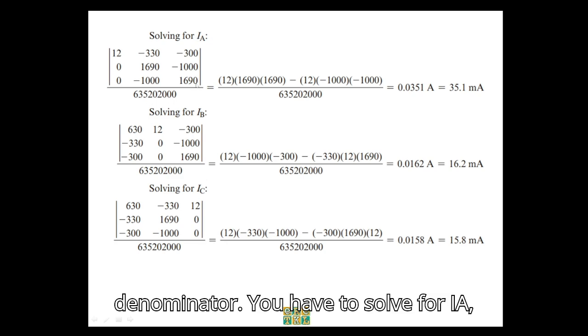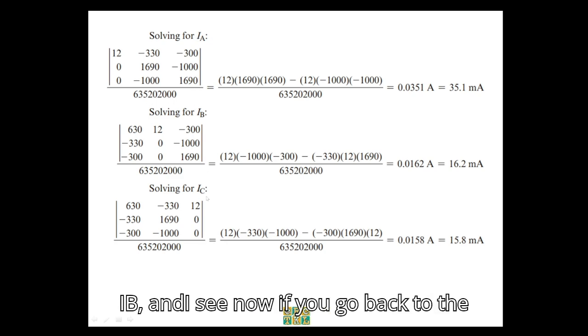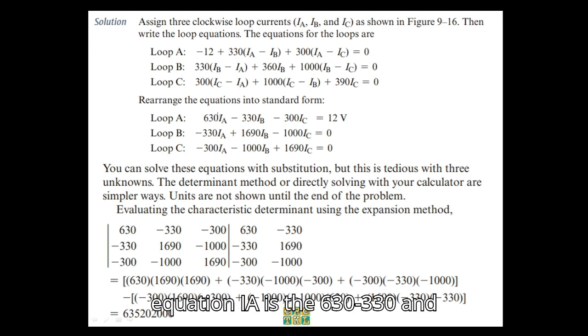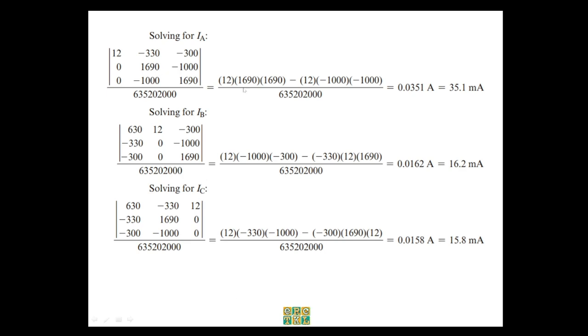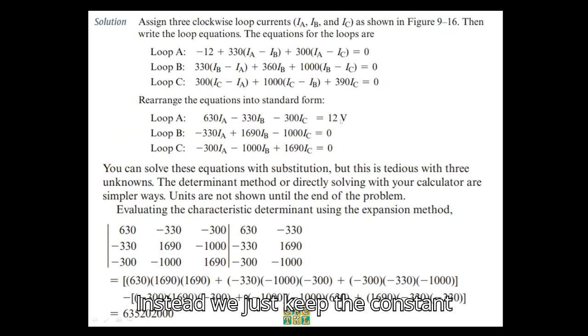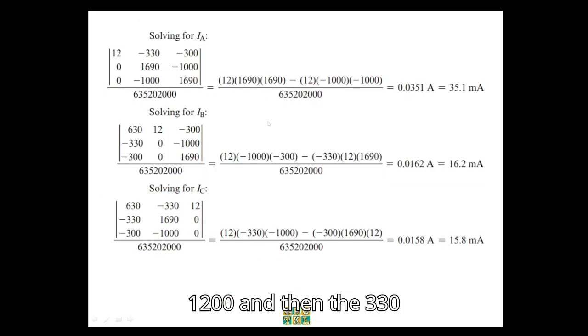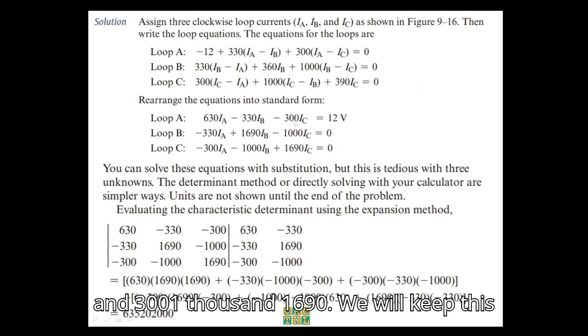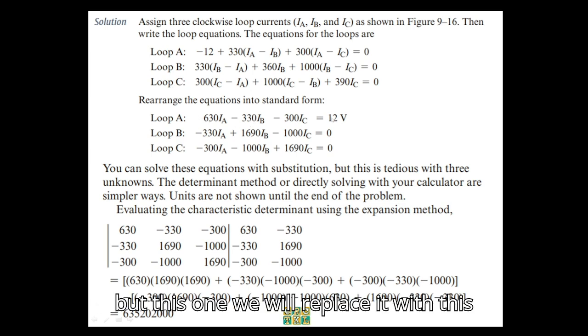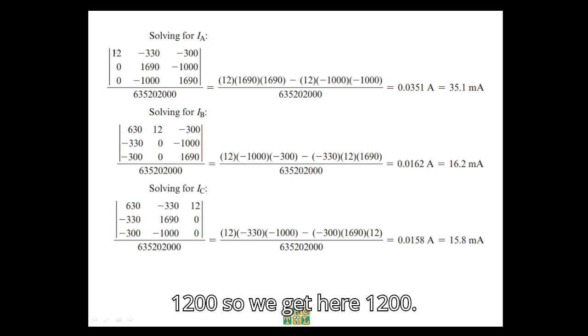You have to solve for IA, IB, and IC. Now, if you go back to the equation, IA is the 630, 330, and 300, right? And you did not put it here. Instead, we just keep the constant 1200 and the other columns, 330, 1690, 1000, and 300, 1000, 1690. We will keep these, but this one we will replace with this 1200.